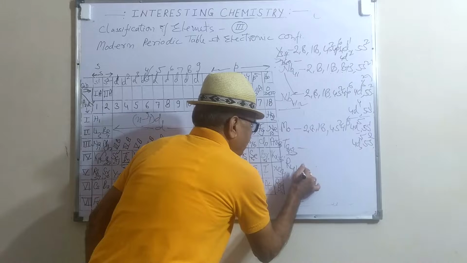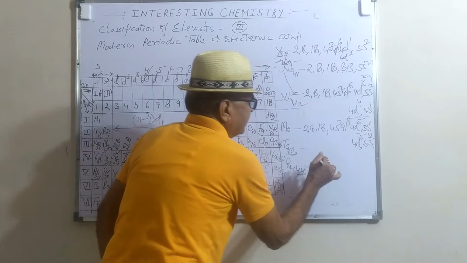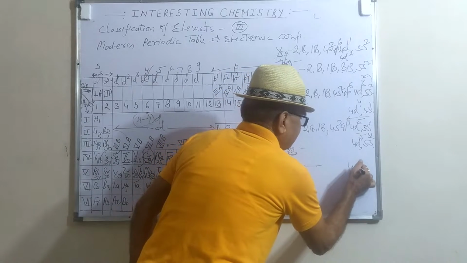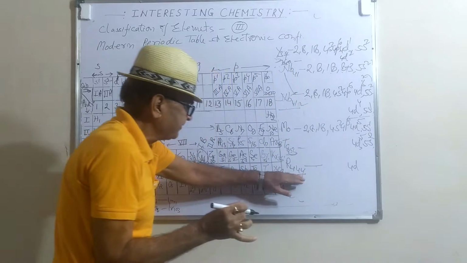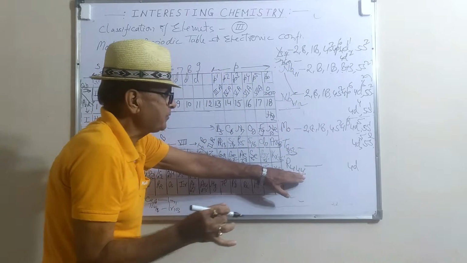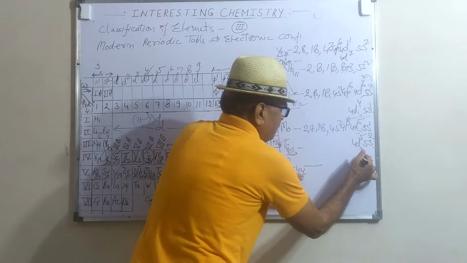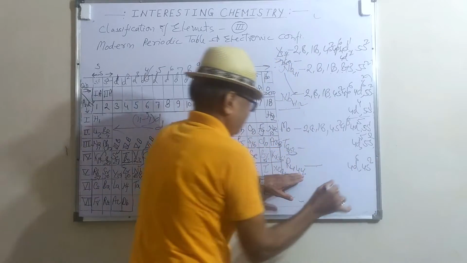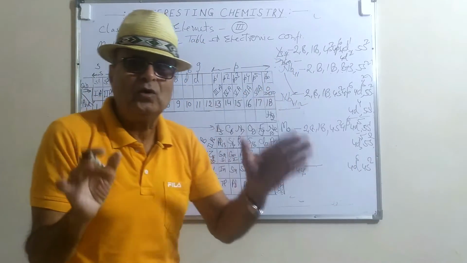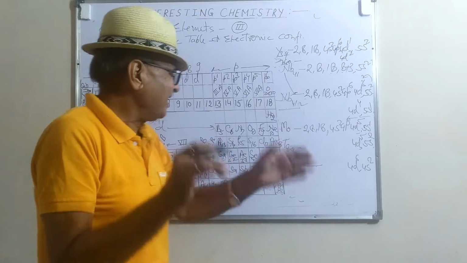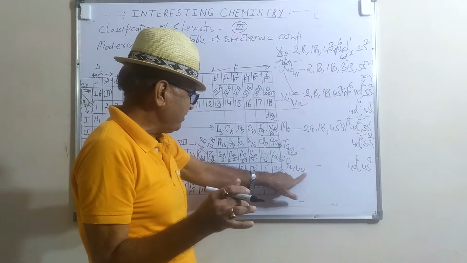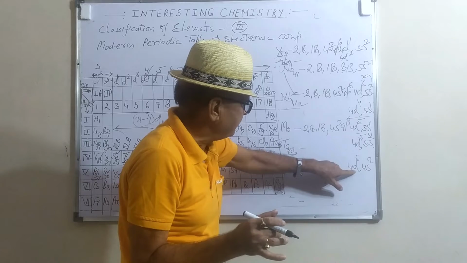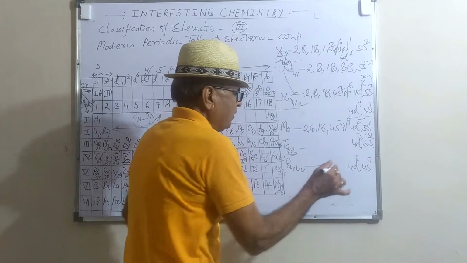Ruthenium, number 44. Here you will write 4d. Please note, it is also exceptional. It should be 4d6 and 5s2. According to the Aufbau principle, the electronic configuration of ruthenium 44 should be 4d6 5s2, but not.